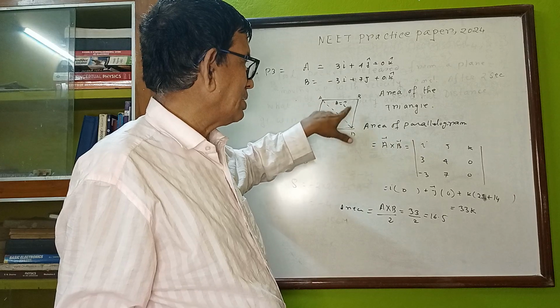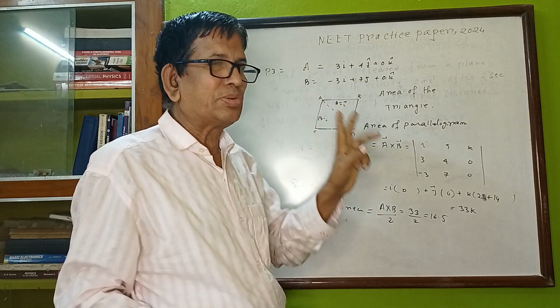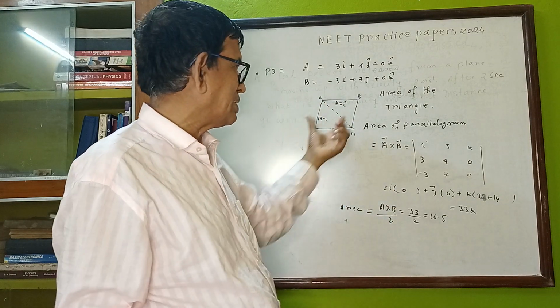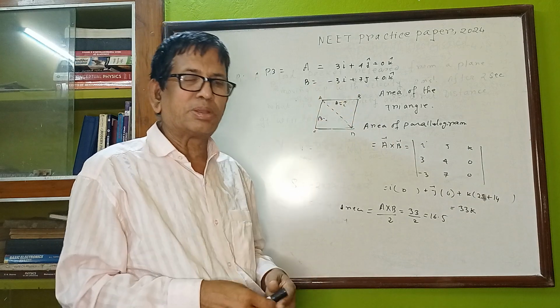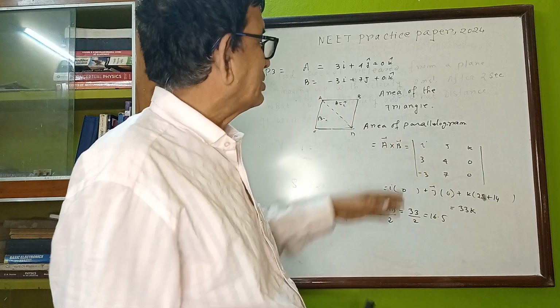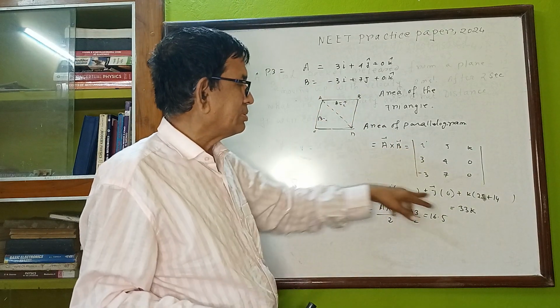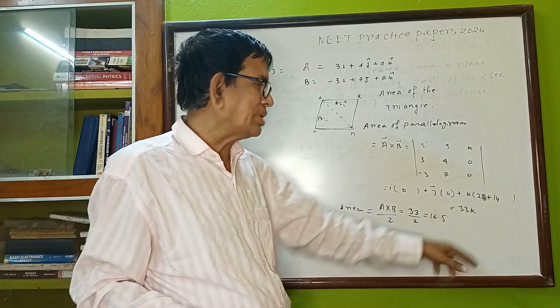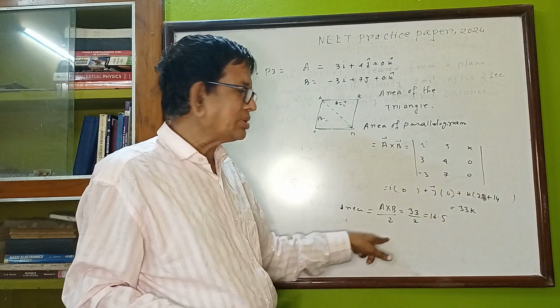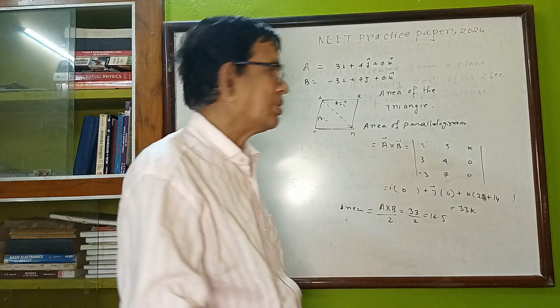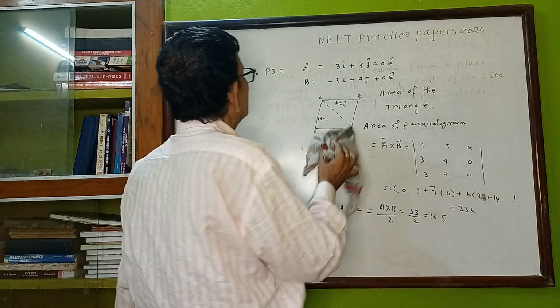Every diagonal divides the parallelogram into two equal congruent triangles, so the area will be half of the area of the parallelogram. Find the cross product magnitude and halve it, then you get the area of the triangle. Okay. Next, problem number 4.